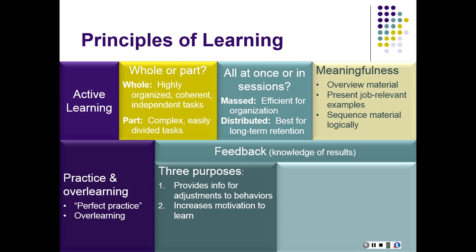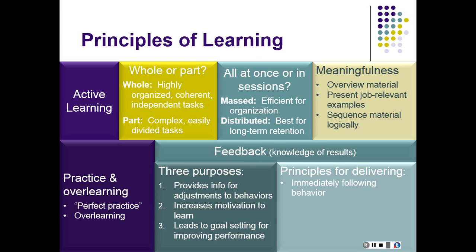So we want to learn and do our best. And then feedback also allows us to recognize any shortcomings and set goals for improving our performance. If we're made aware of something that wasn't ideal, then we can focus on that, put our effort into that behavior. Now, for a trainer, there are certain principles that they should follow for delivering feedback.